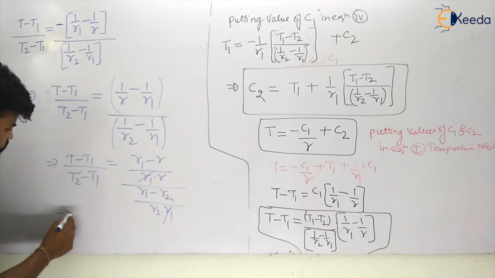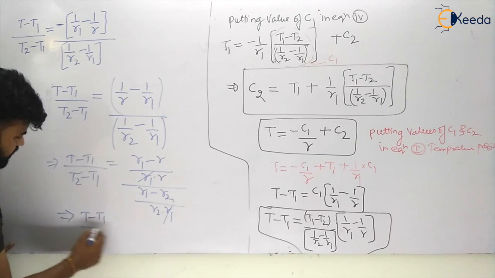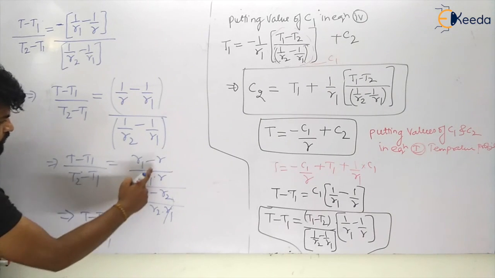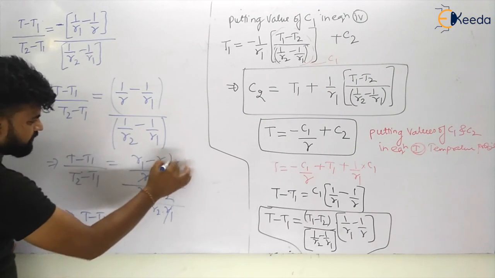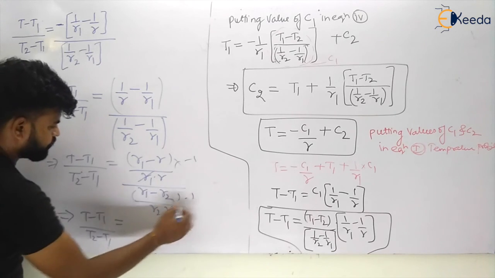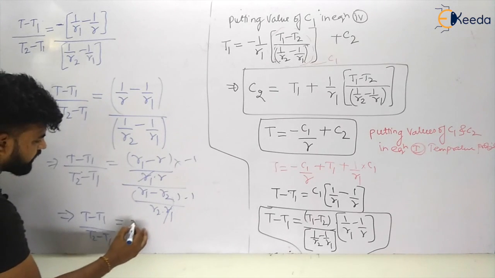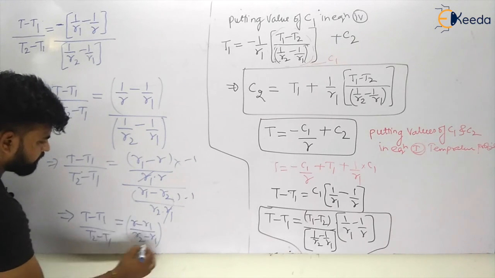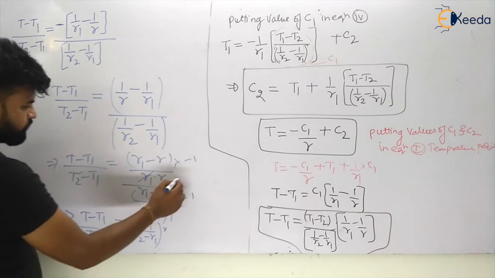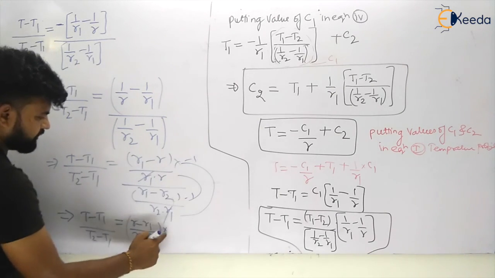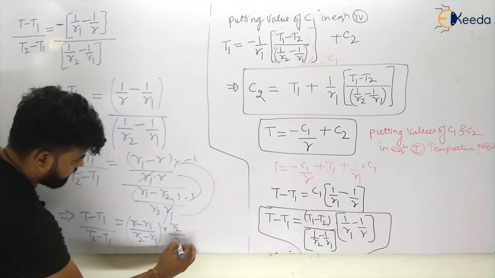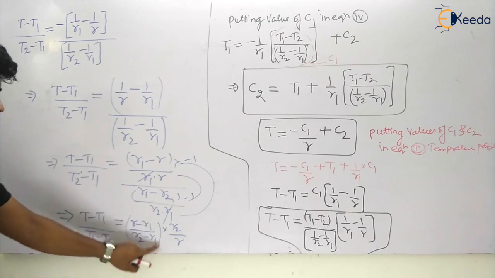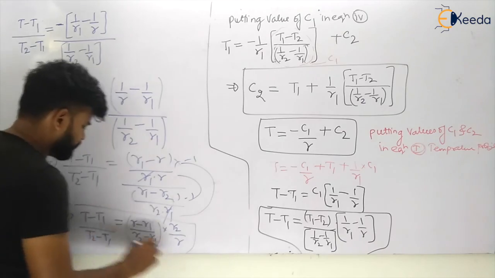So this will become T minus T1 upon T2 minus T1 is equal to, I am taking minus inside, multiplying with 1 and minus 1 both sides to make it similar. So this will become R minus R1 divided by R2 minus R1, multiplied by R2 by R, my dear students. So this will be the final equation for your temperature profile.